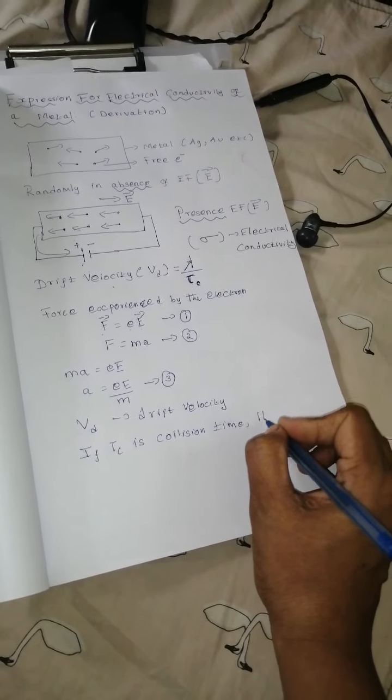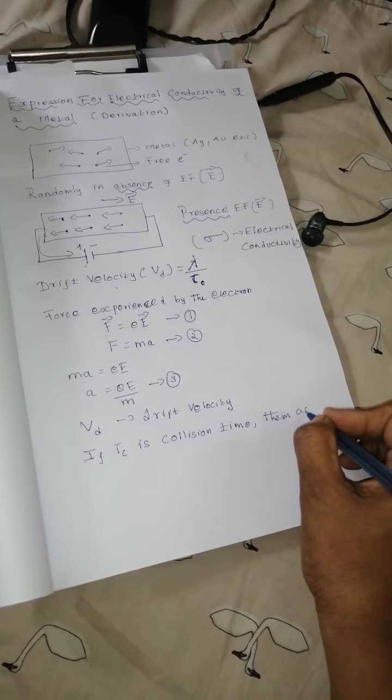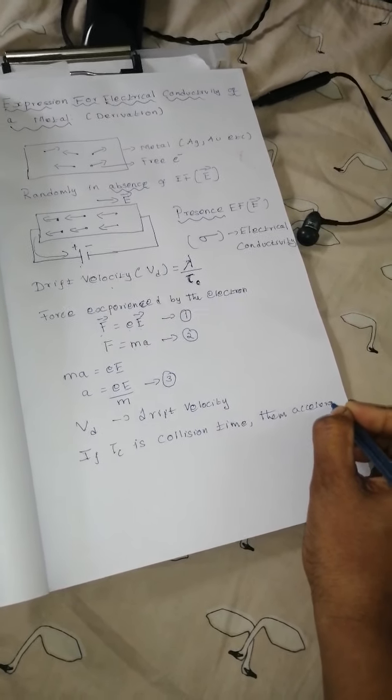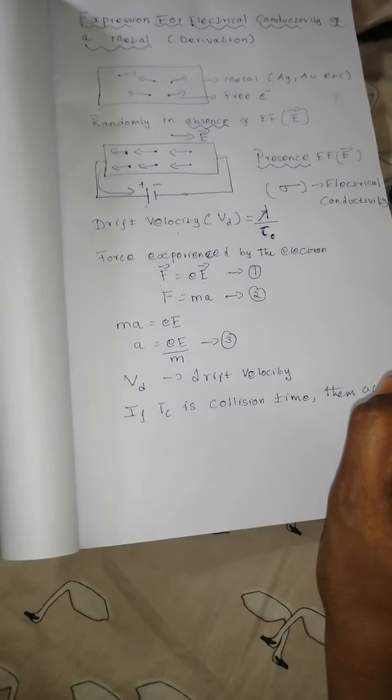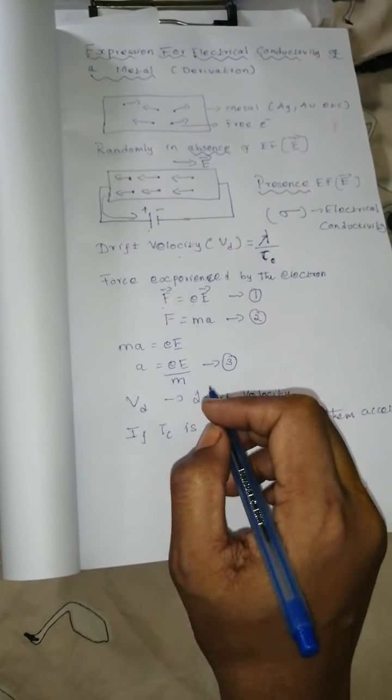Why are we talking about acceleration here? Because when you apply an electric field, the electrons get accelerated and move towards the positive potential of the battery.